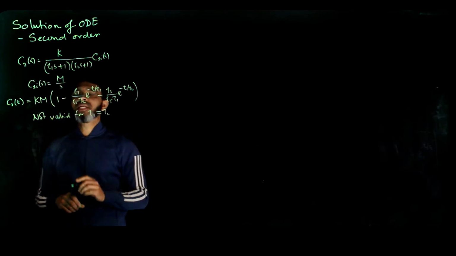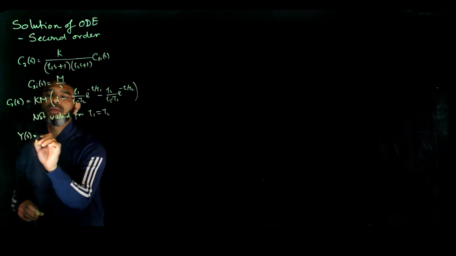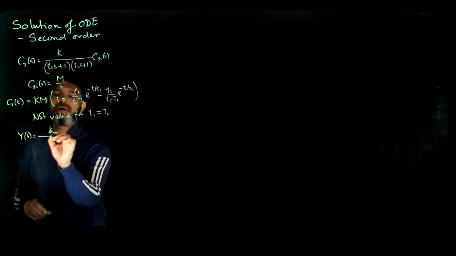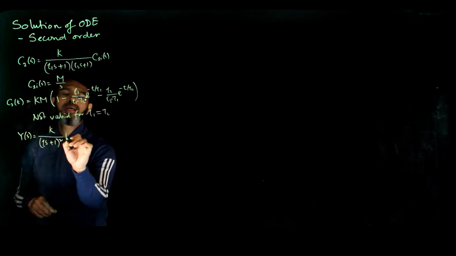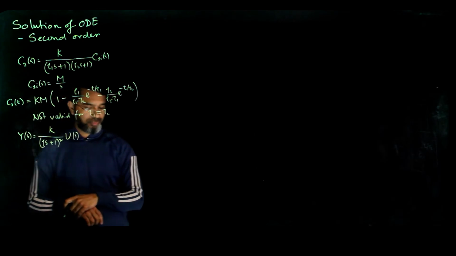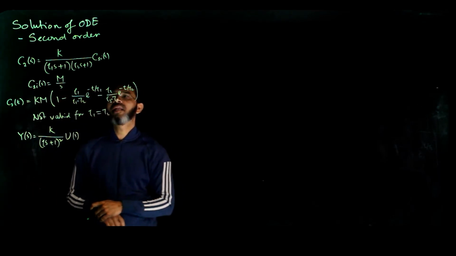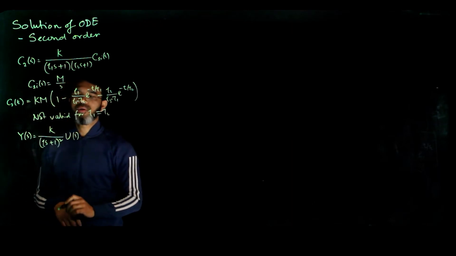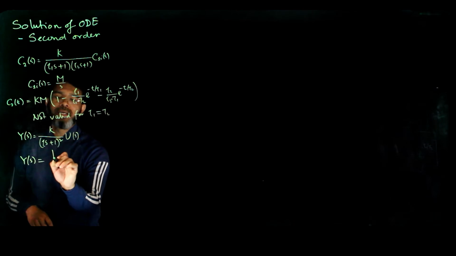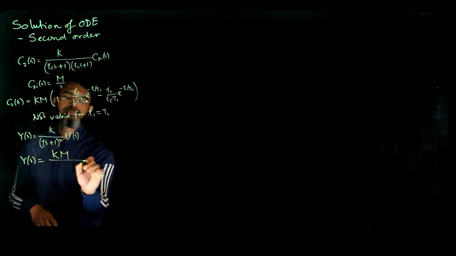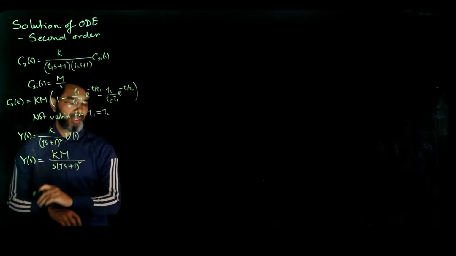Now if tau 1 equals tau 2, a general equation can be written as Y(s) equals k over (tau s plus 1) squared times U(s). If we take U(s) again as m over s, we can write Y(s) to be km over s (tau s plus 1) squared.